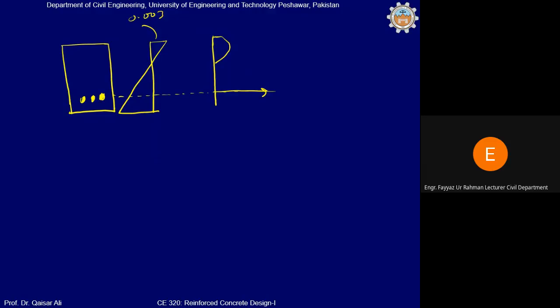Now at this stage, since the concrete has entered into the inelastic stage, the stress-strain relation will no more be linear, and you can see that the stress will vary non-linearly with the strain. Clear?